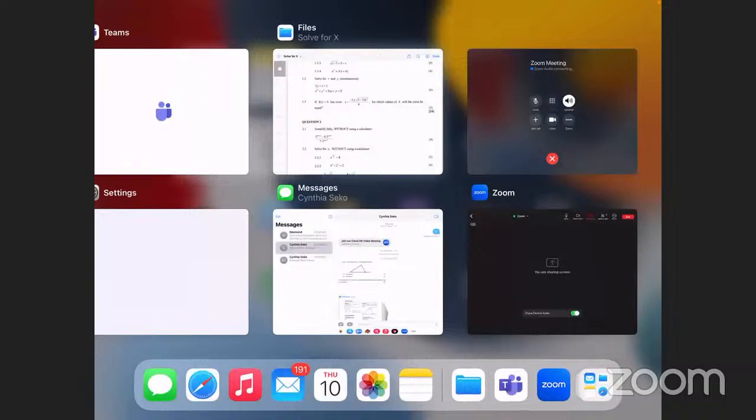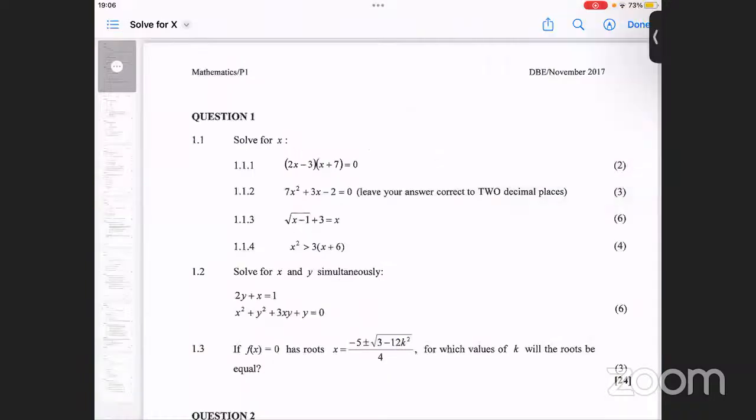So, in our previous lesson, we were doing functions, and we focused mainly on a straight line and a parabola. Something I've realized is that a revision is needed, especially when it comes to the parts where we solve for the unknown, which in most cases in mathematics is x.